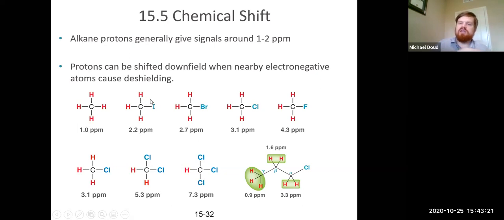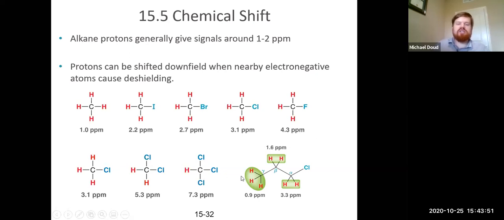Increase the electronegativity, so going up the halogens from iodine to bromine to chlorine to fluorine, you go from 2.2 to 2.7 parts per million to 3.1 parts per million with the chloromethane, and then 4.3 parts per million with the fluorine. So the stronger the electronegativity, the more electron density this neighboring electronegative atom is pulling away from these hydrogens, the more downfield, or the higher the parts per million is going to be.